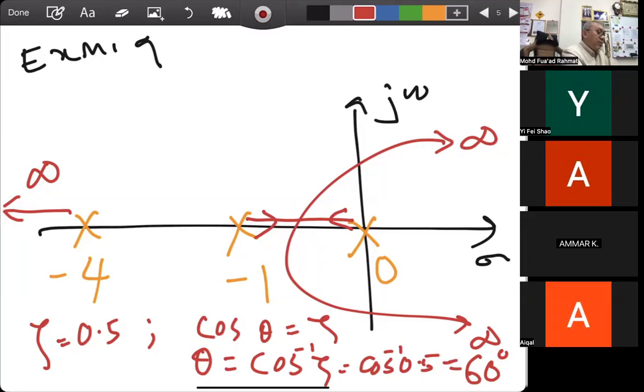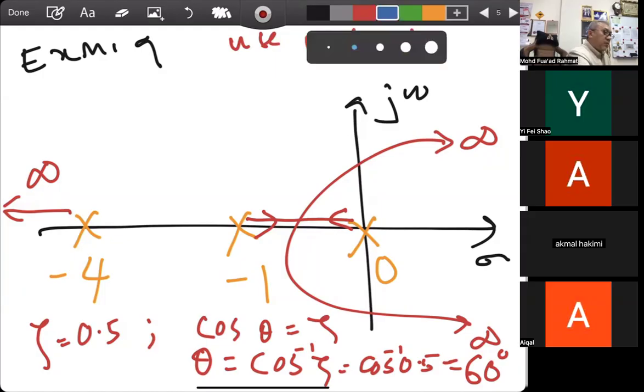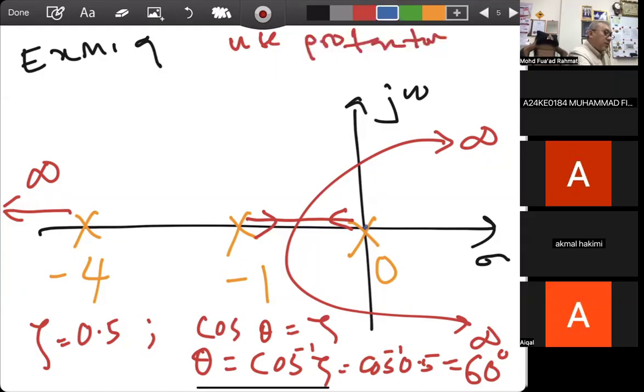So we use a protractor. Theta is equal to 60 degrees.